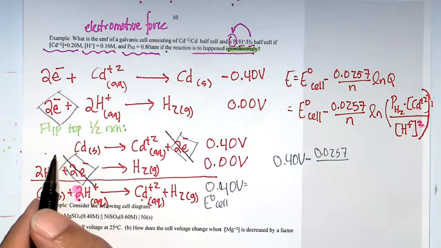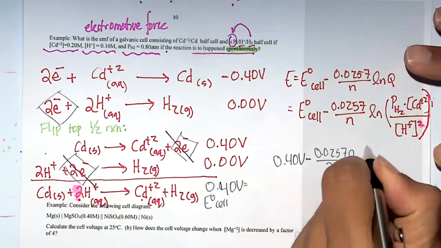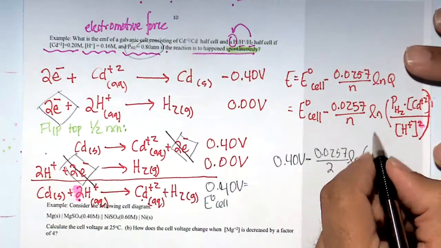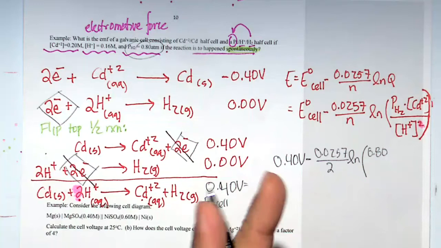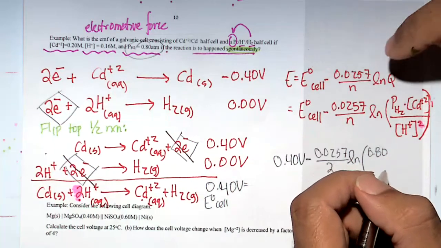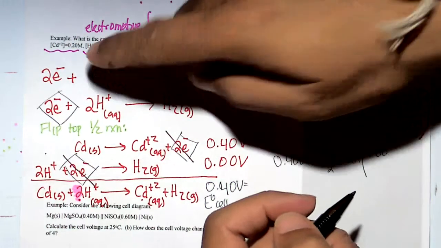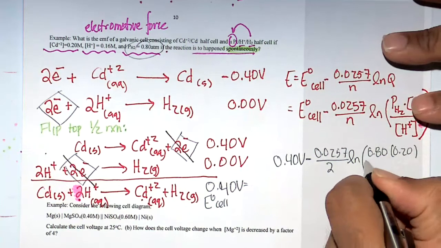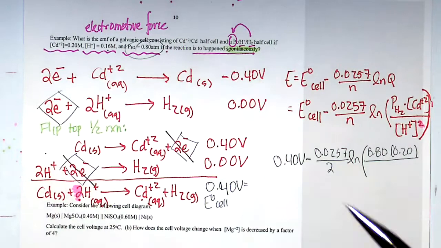Everyone agree it's 2? 2 times natural log. The pressure of H2 gas is 0.80. I'm not going to put units here, I'll put the units at the end. Actually, Q has no units. 0.80 Cd plus 2 is 0.20 molar, divided by H plus squared, 0.16. We have to square it.